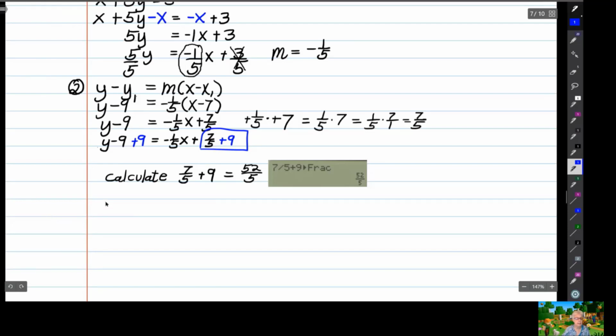I'm going to type 7 divided by 5 plus 9. Now, us humans might think that we're supposed to add 5 plus 9. We're not. The calculator knows order of operations. It's going to divide before it adds. So 7/5 plus 9, I could hit enter and get 10.4, but I'm supposed to be answering.